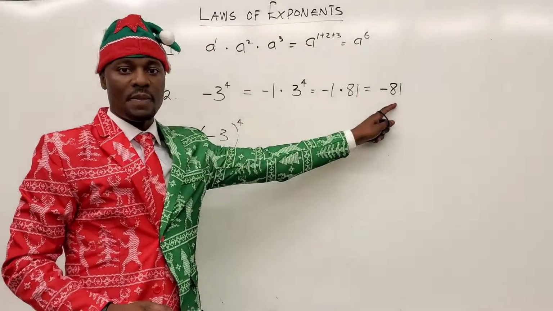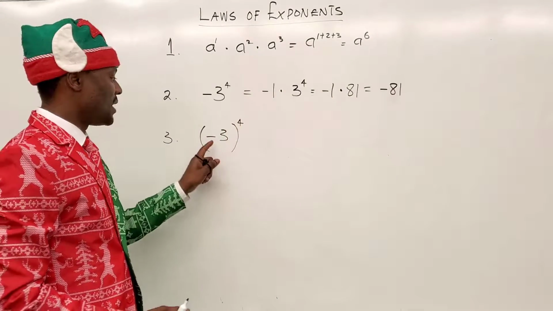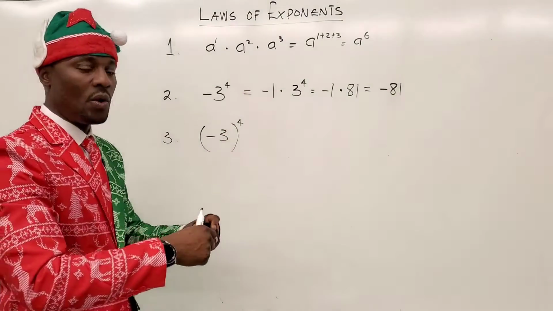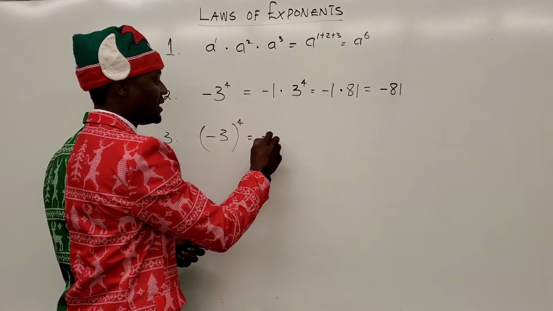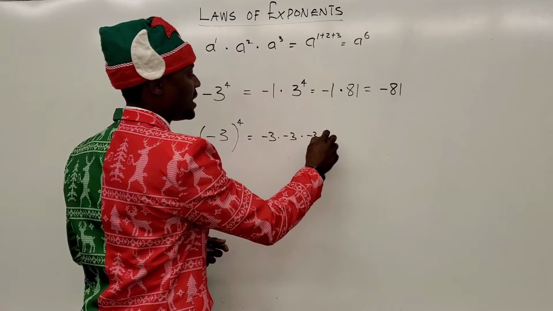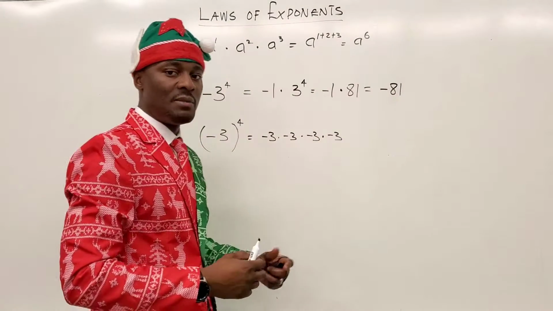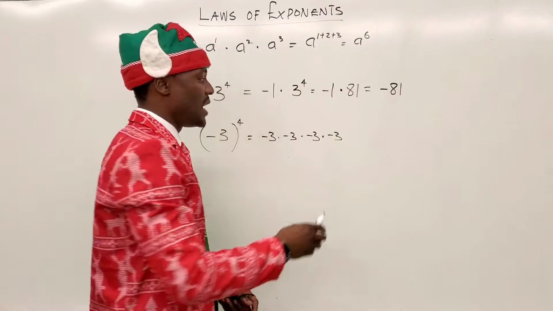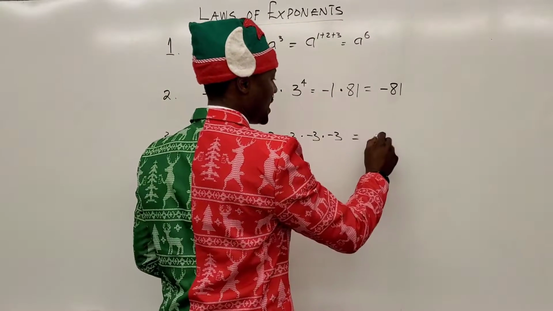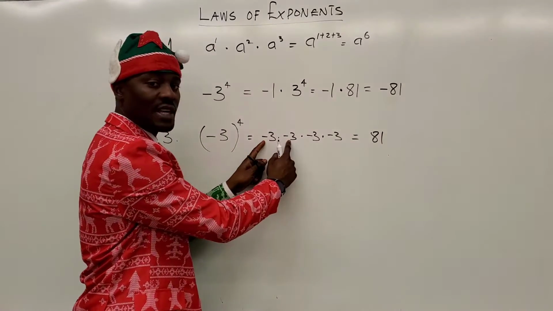That's how that works. However, in this case, you can't break it up like this because everything is raised to the power 4. So what you're actually doing is negative 3 times negative 3 times negative 3 times negative 3. You're multiplying negative 3 by itself 4 times, and you end up with an answer that looks like this, but without the negative, because negative times negative is positive.